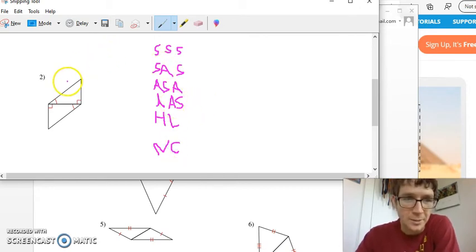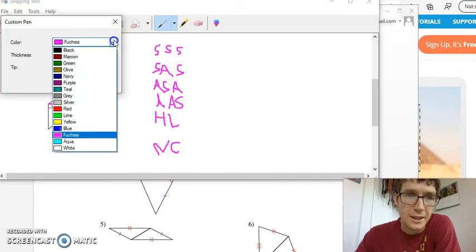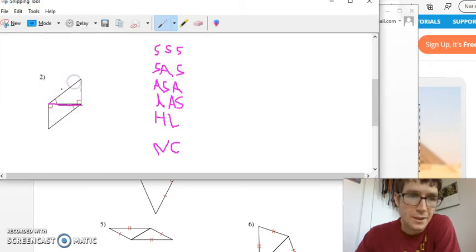So let's think about this. If we look over here, first off, there's a shared side. This side is the same on both of these triangles, so I can highlight that. Now, we know that this angle matches this angle.